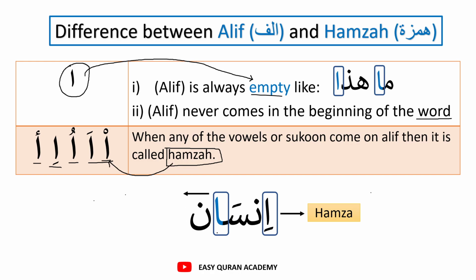And why is this alif? Because it is empty, excellent. Empty, perfect. It's empty and it does not have any vowel sign on that. So that's the basic difference between alif and Hamza. And in this word we have both of them. We have Hamza and alif together.